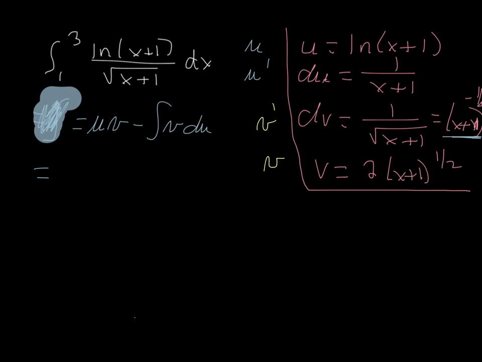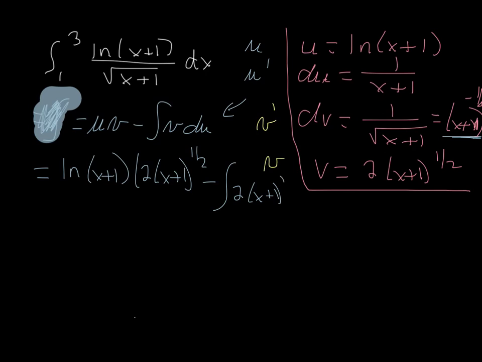So if we put that into the integral by parts equation, then we would have u times v minus the integral of v du, and du is 1 over x plus 1.